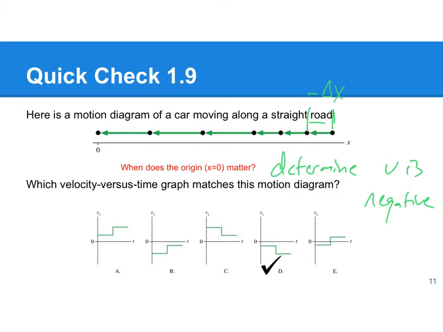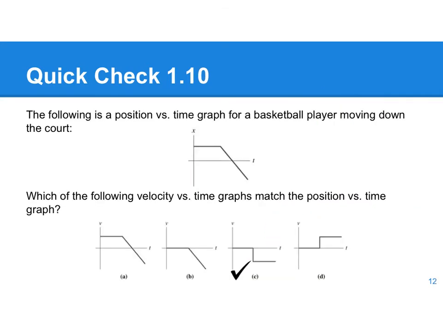So which graph is correct? Well, it's moving slow, and then it's moving fast as it heads towards 0. And D is the correct answer, because you've got to remember, the further away I get from 0, the faster I'm moving. So right here I'm moving slow and towards 0. Here I'm moving fast and towards 0. So that's the velocity versus time graph for this object.